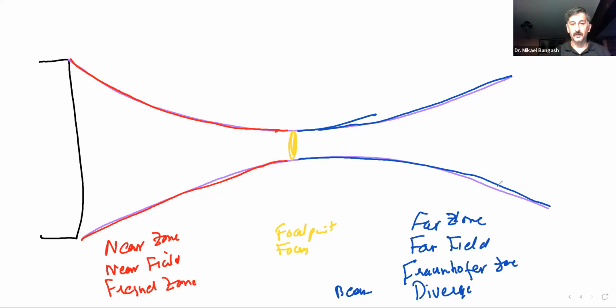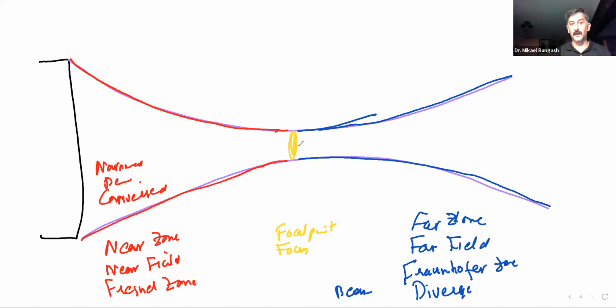Whereas in the near zone, what happened was that the beam narrowed down, or we could say converged, until it reaches its narrowest point, which is the focus point, or focal point, or focus. After which the beam can't narrow down any further.